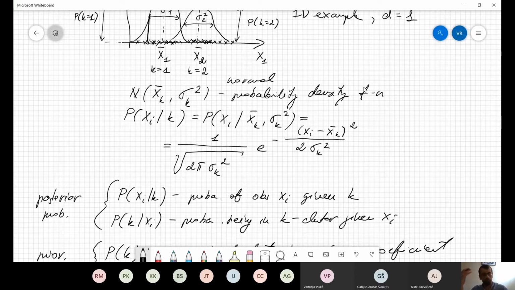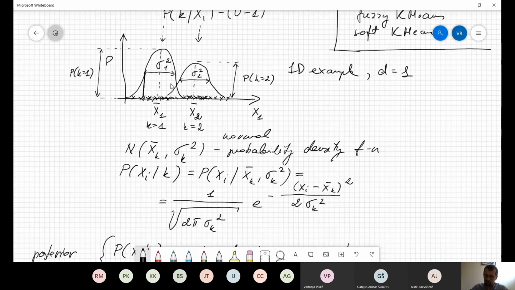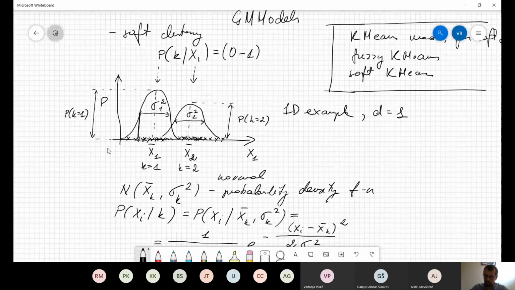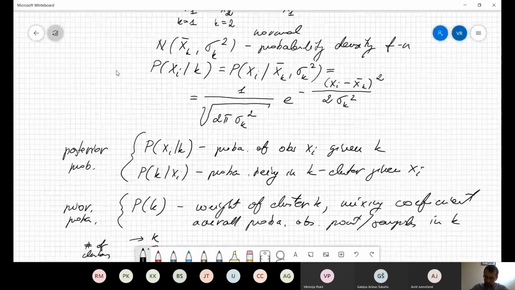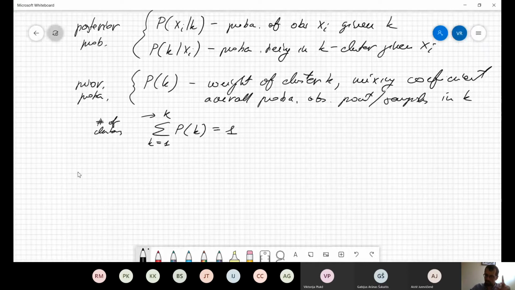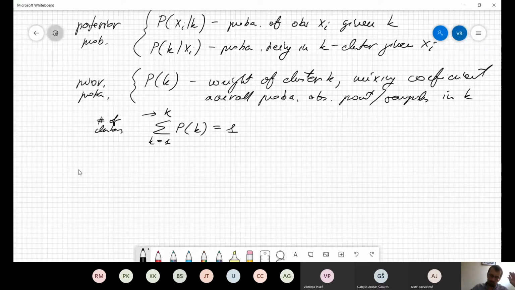If you assume that your samples within the cluster are distributed according to another distribution, you can change it here, so you would get a different graph, and this EM algorithm would adapt to the different model.